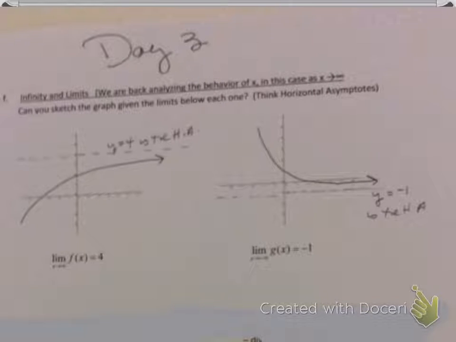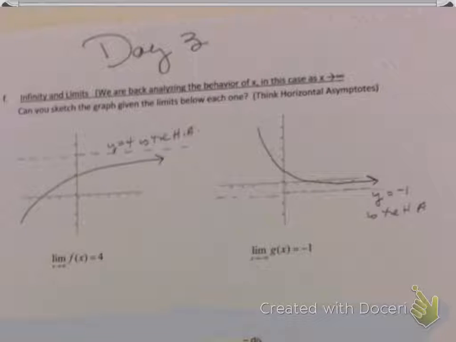The first thing I asked you to find is the limit as x goes to infinity of f of x equals 4. So if the limit as x gets bigger and bigger is 4, what does that mean? And how could you possibly sketch it?